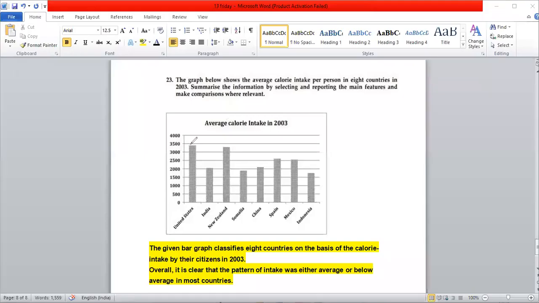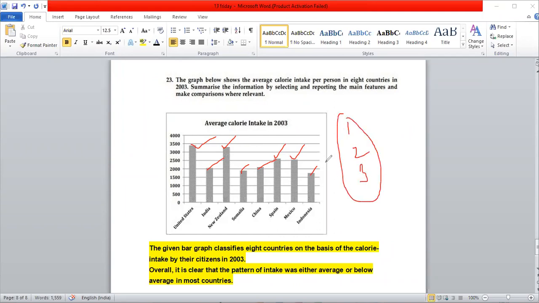Classification number 1: in the first paragraph you are going to write these two, the above average countries. In the second paragraph you write these two, the average. In the third paragraph you write 1, 2, 3, 4. So this is a better classification: 1, 2, 3, small paragraphs.